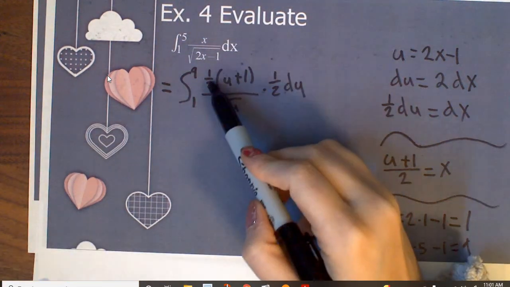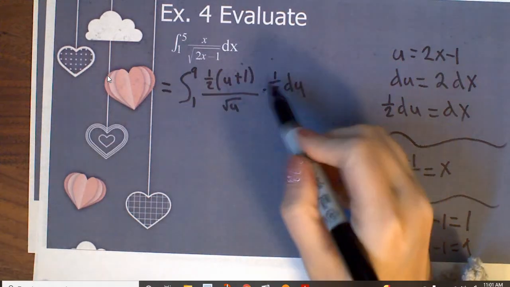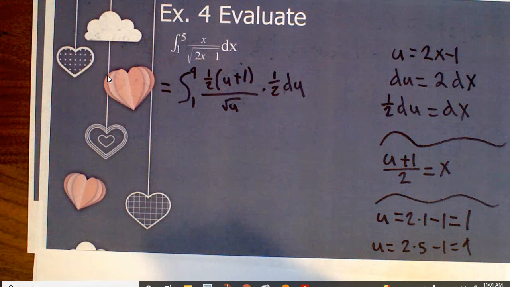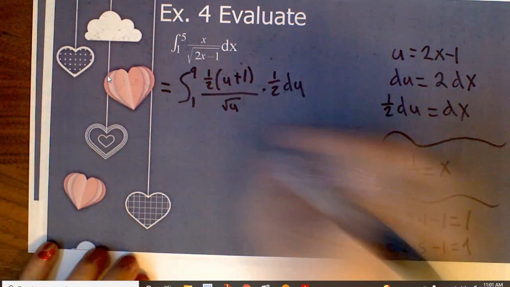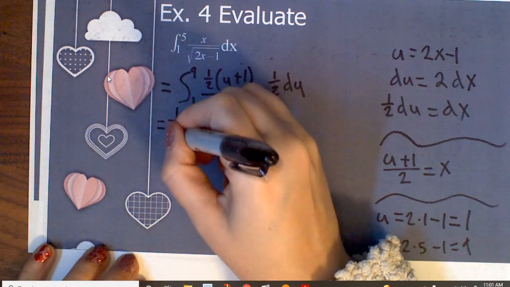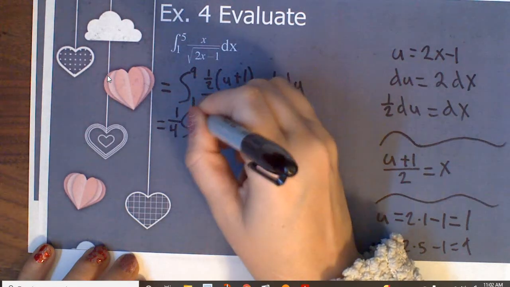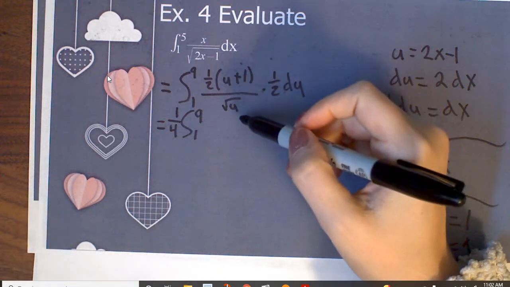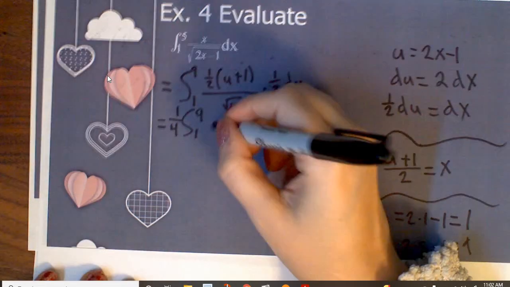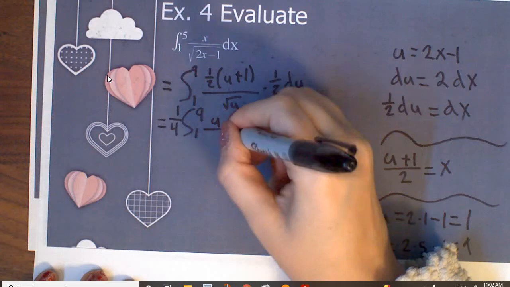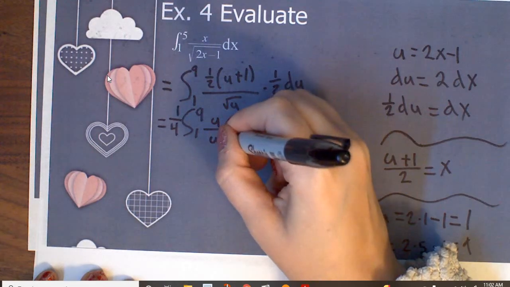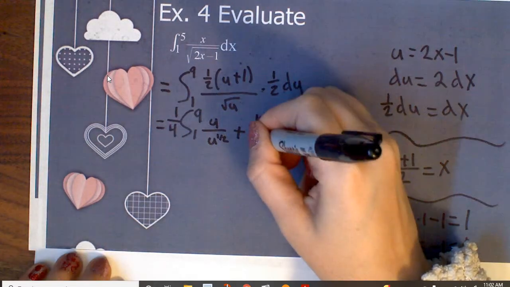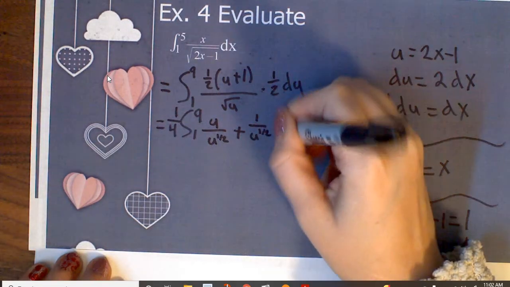Now notice that we could pull this 1/2 to the front and this 1/2 to the front, so we end up with a 1/4 in the front of our integral. And then if I have u divided by the square root of u, remember this would be u divided by u to the 1/2, plus 1 divided by u to the 1/2 du.